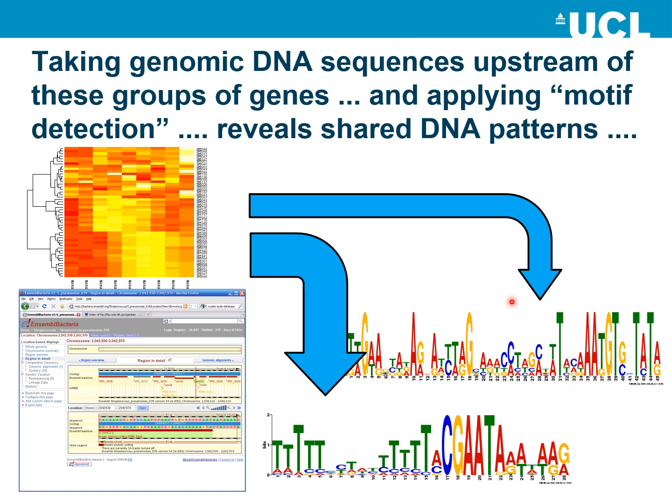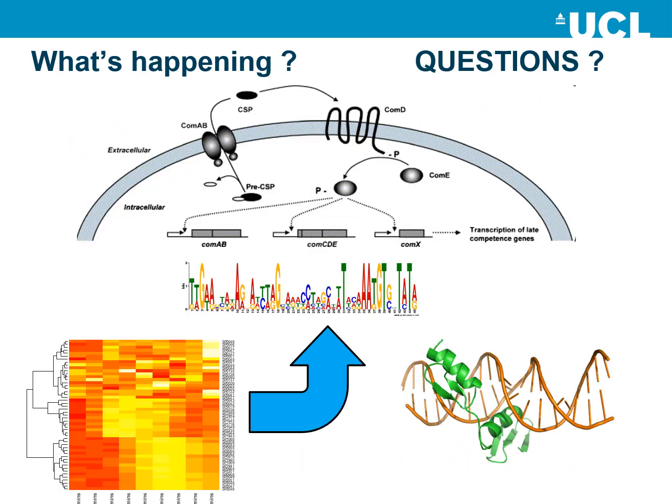And this is the pattern that is basically bound by the phosphorylated ComE protein. So all of these genes have this pattern at the start of them, and the phosphorylated ComE essentially binds onto this pattern in the DNA, this pattern of nucleotides, and then activates all of these genes.